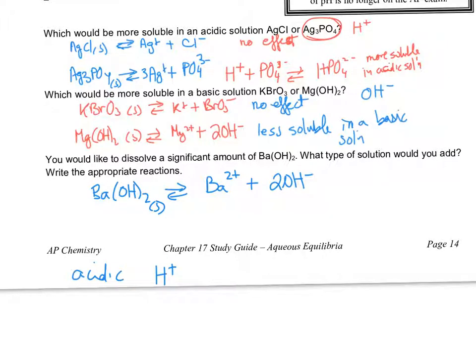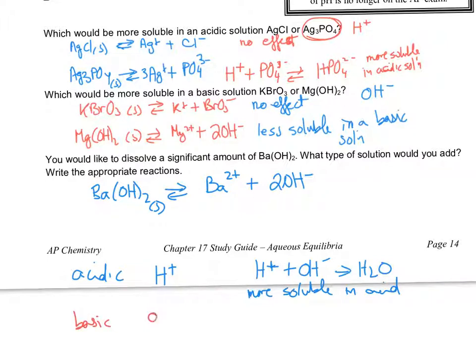Yep, there would be a reaction there. My H plus and my OH minus would react to form water. So what does that mean? That means that I'm removing the OH minuses in an acidic solution, and so which way would it shift? It would shift to the right to dissolve more. So that tells us that it is more soluble in an acid.